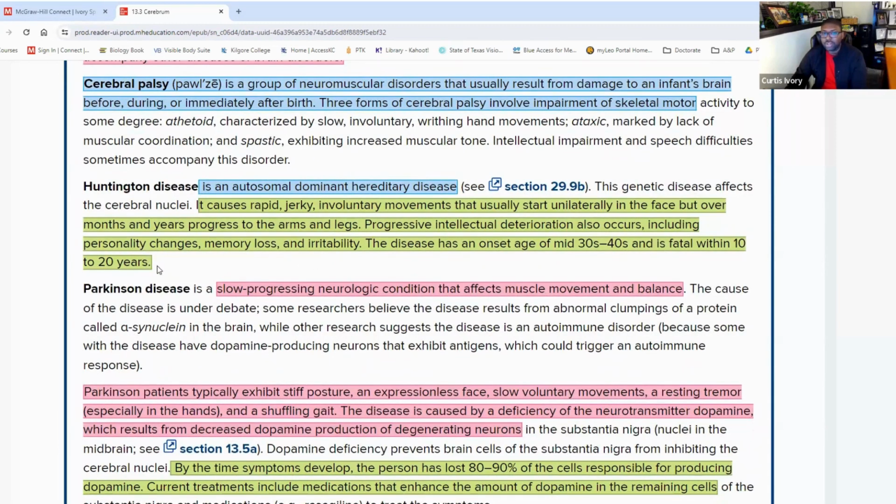Parkinson's disease is a slow progressing neurological disease. You tend to hear a lot more people suffering from this. Essentially, you have plaques that build up in your brain cells. And this is one reason why it's so important that you get enough sleep. While you're sleeping, your brain is cleaning up the mess that it has made that day.